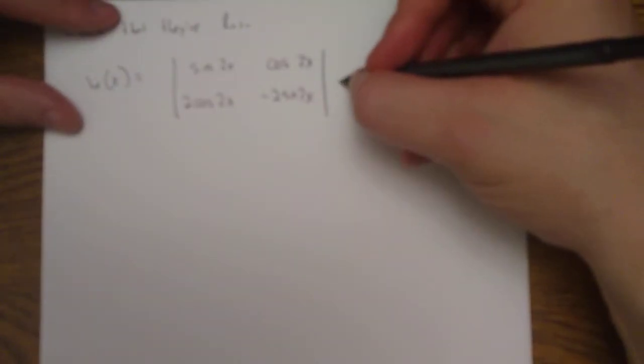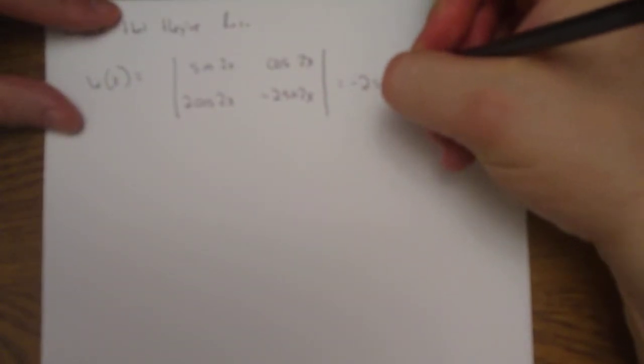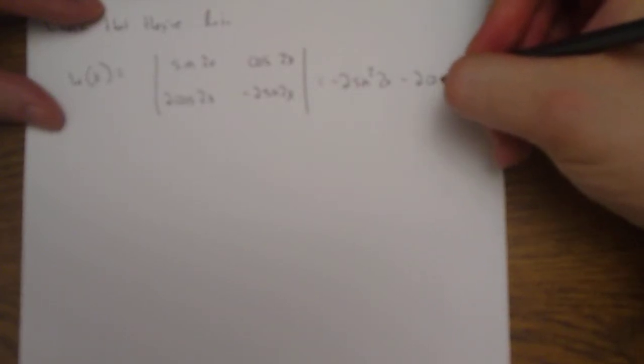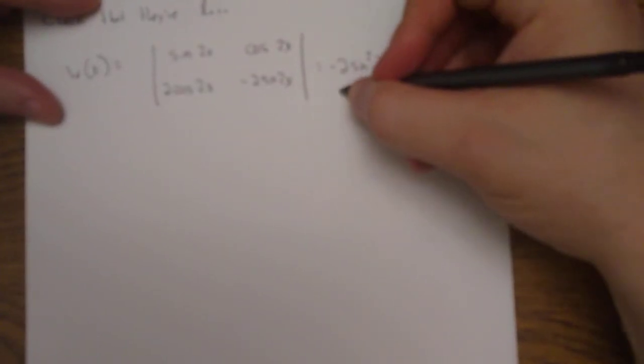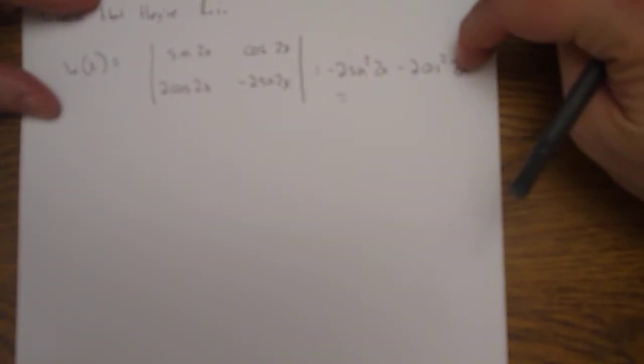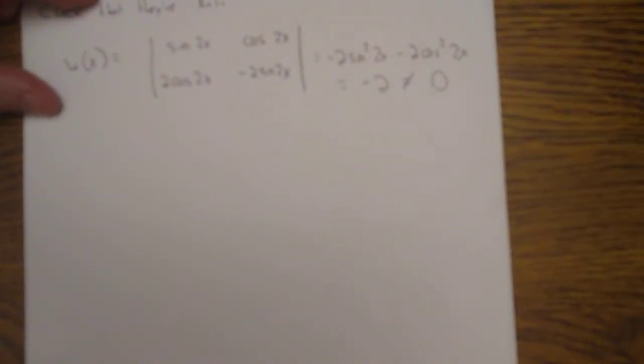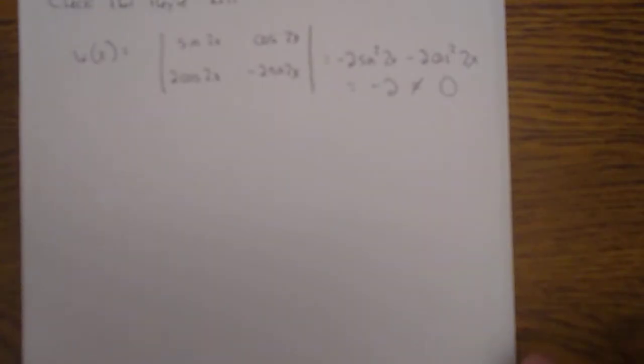I do this minus this, so this would be negative 2 sine squared 2x, and then I subtract this. And of course, sine squared plus cosine squared is 1, so I get negative 2. But the point is, I did not get 0, so they are linearly independent.